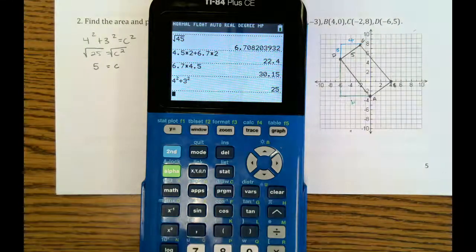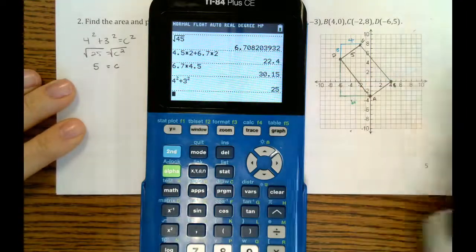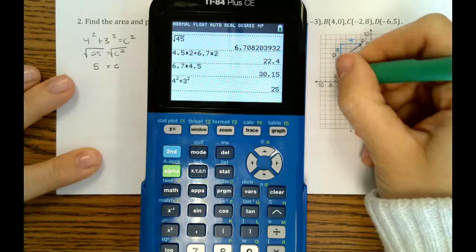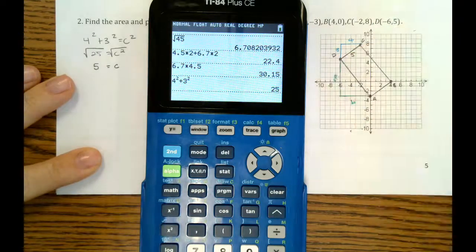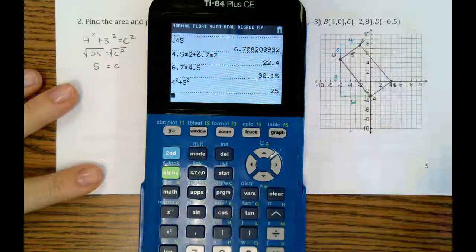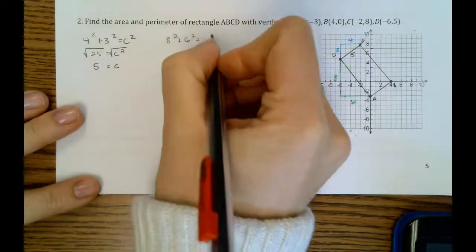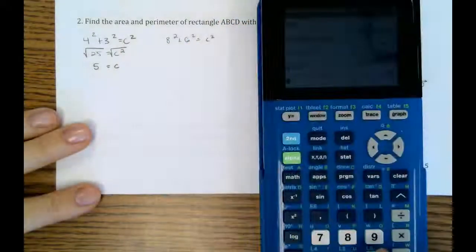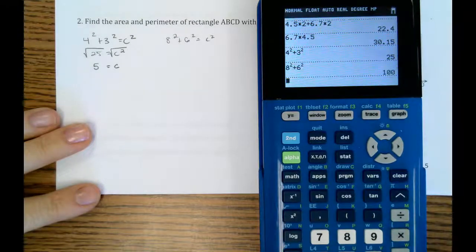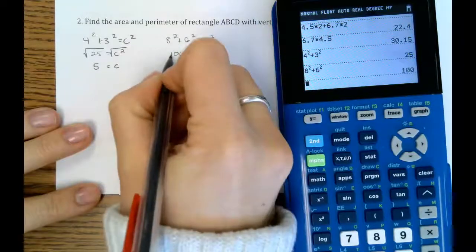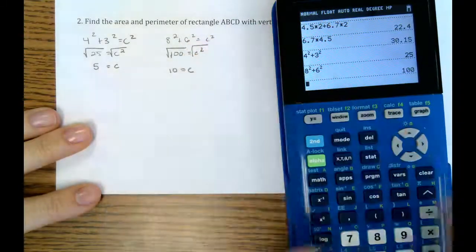Well, maybe. Roughly 6. 1, 2, 3, 4, 5, 6, 7, and 8 over here. Okay, so 6 and 8. That gets us 100. And the square root of 100 is 10.